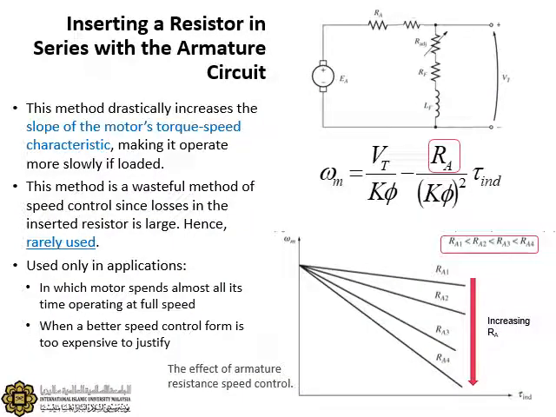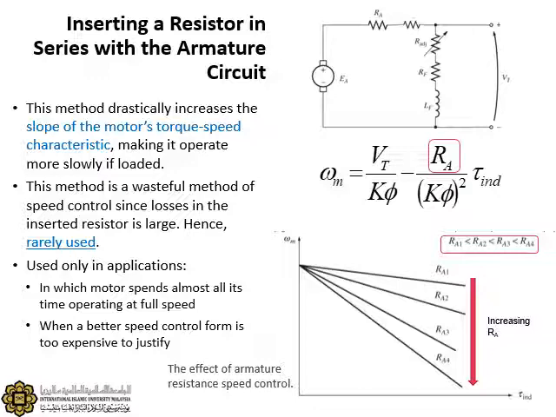Okay guys, now we have our third technique here, which is inserting or adding a resistor in series with the armature circuit. So bear in mind that now we are inserting a resistor in series with the armature circuit, and it's not the field circuit.